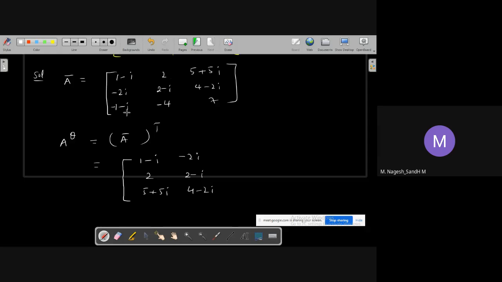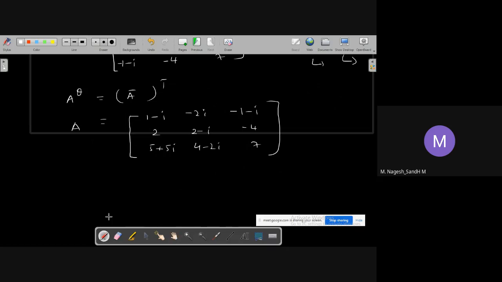The third row becomes the third column: minus 1 minus I, minus 4, 7. Expressing as Hermitian and skew Hermitian means we write A as P plus Q, so you have to find the P matrix and Q matrix. This is the A power theta you got.